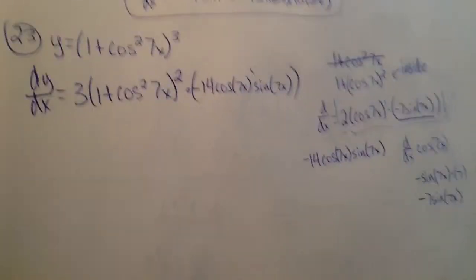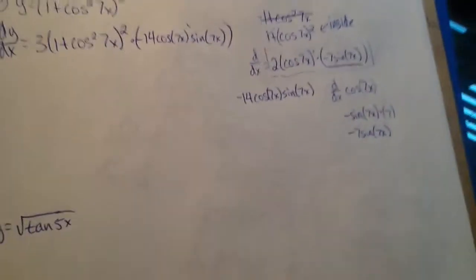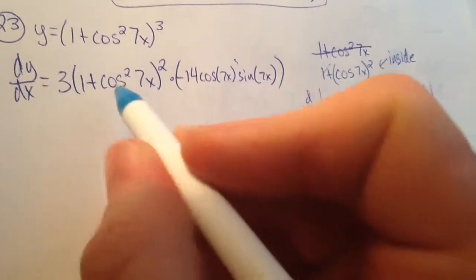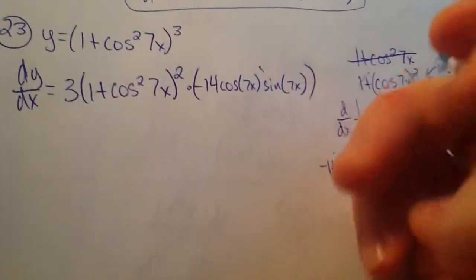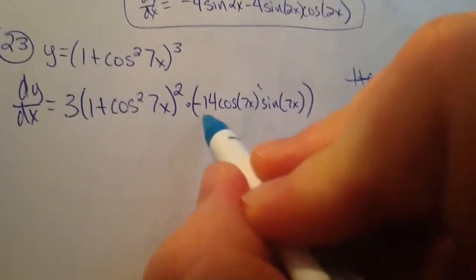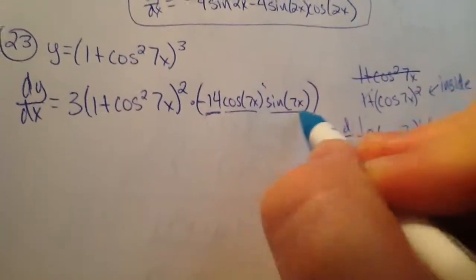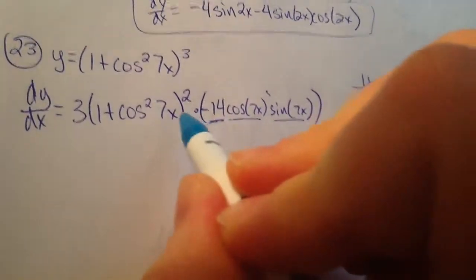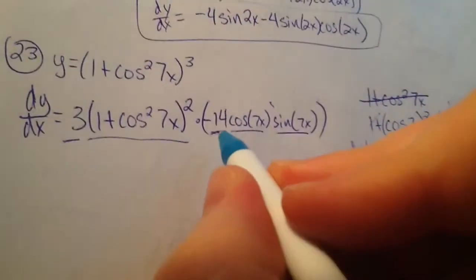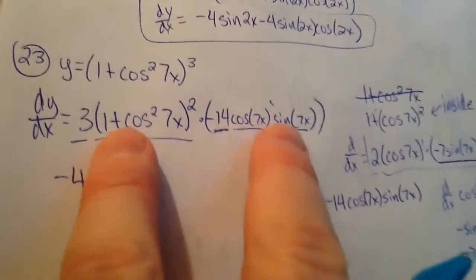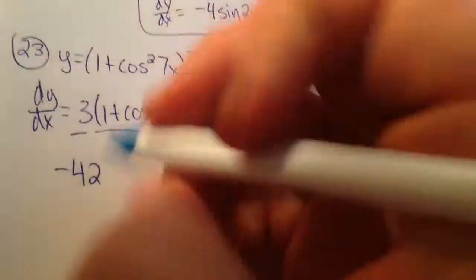So I got all of that. This is all multiplication. I have 3 times, well, all that stuff's squared, so I don't really want to mess with that. Again, knowing when to stop is key. All we can really do here, this is all just this negative 14 times this, so I can multiply the negative 14, and this is just multiplied by all of this, which is multiplied by the 3. So I can just write negative 14 times 3 is negative 42. Then all this, I don't want to do distributive property or anything crazy.